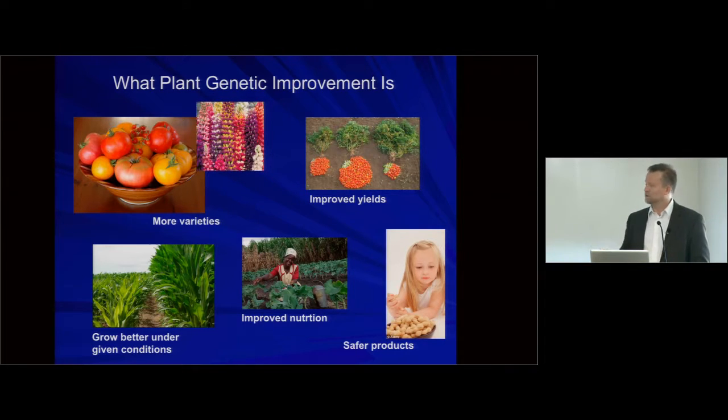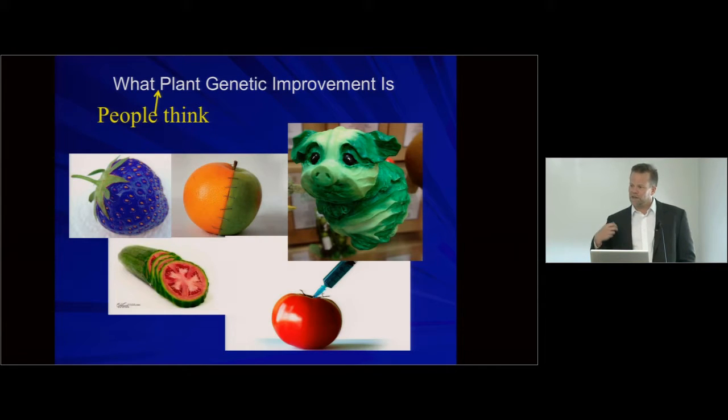So the reason we have to do plant genetic improvement is to make better varieties, things that work better for farmers, things that are safer for us, and maybe things that fit better into a production scenario. The problem is that in today's culture, we think plant genetic improvement is something very different. Actually something kind of nefarious, something that we shouldn't be doing. And so this is where we have a real problem with something that really is an important part of the human experience, and that's plant genetic improvement, and what people think it is.